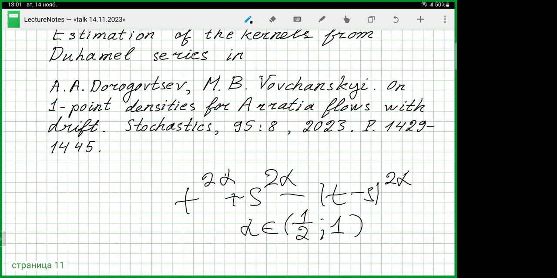The corresponding operator is the kernel from the Riesz potential, alpha minus 1/2, (t minus s) to the alpha. Okay. Thank you.